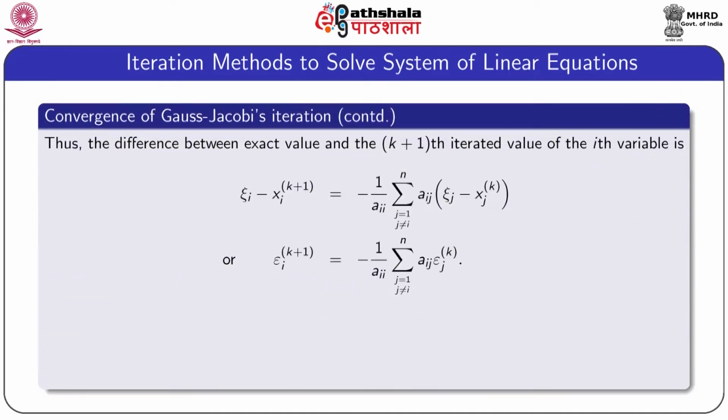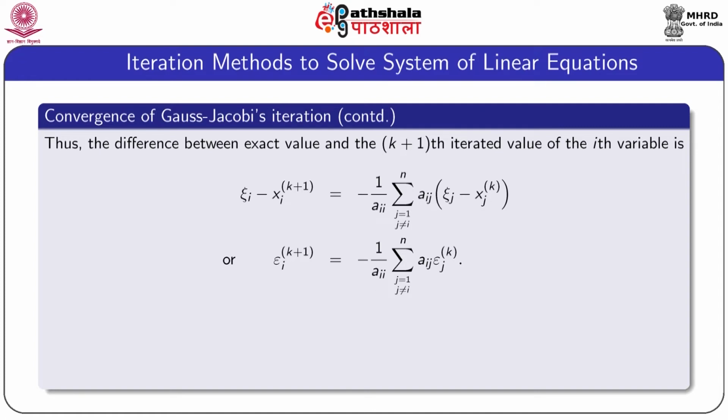Now the difference of these two equations gives the k plus 1 iterated error for the ith variable, and that one is xi minus xi^(k+1) equal to minus 1 by aii summation over j equal to 1 to n and j not equal to i, aij (xj minus xj^k). Note that xi minus xi^(k+1) represents the error occurred at the k plus 1 iteration.